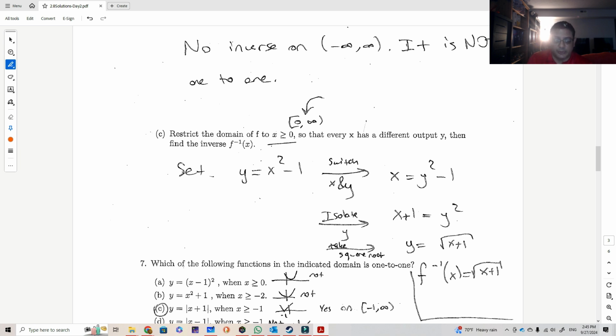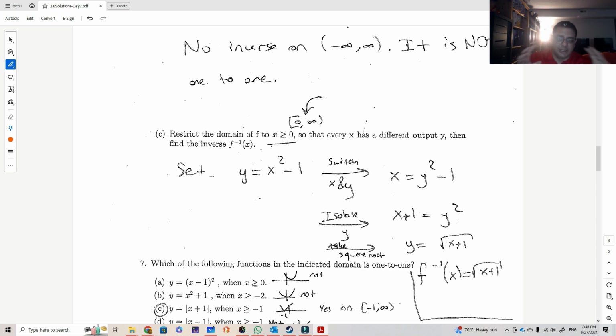We take the square root: y equals the square root of x plus 1. And notice that because we are only in the positives, I don't need to write plus or minus. I just leave the plus and that's enough. So f minus 1 of x is just the square root of x plus 1.